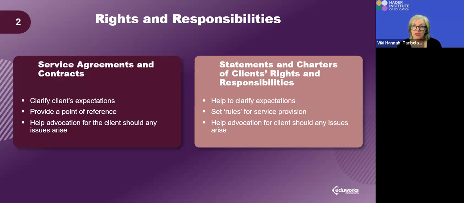But if your service agreement and contract says that this is clearly what you can do or what you cannot do, we must tell our clients that that would be outside of what we do as a service provider. But we would help them and advocate for them to be able to get that service if that is with a different provider or with a government department or an agency.